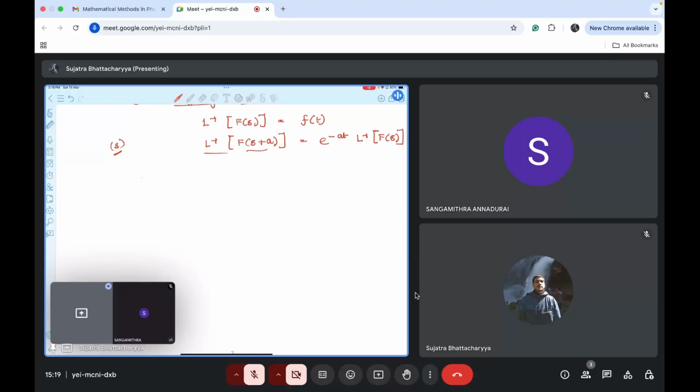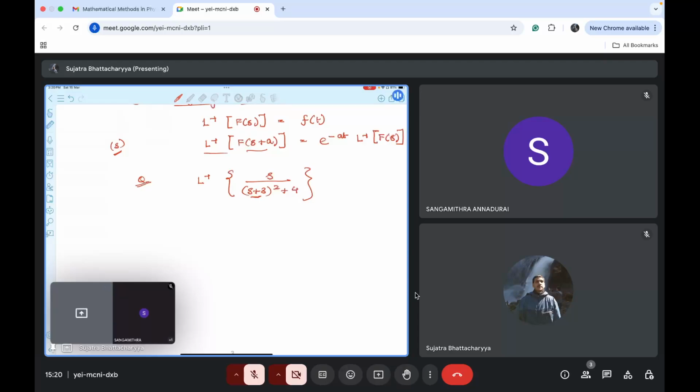For example, let us take a question and try to solve it. Say let us find out L inverse of s upon (s plus 3) whole square plus 4. So you can clearly see that you have an s plus 3 over here, correct? So we can try to see how we can solve this particular part.